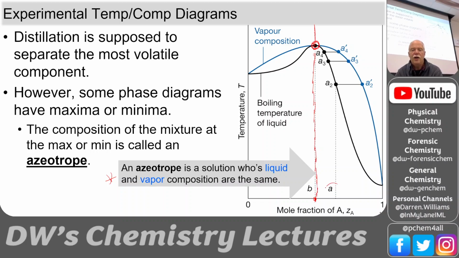So if I'm over here on this side, what's going to be collected? Pure A. That's the downhill piece. So when I boil this, this drops down here, bounces over, drops down here. So on a fractional distillation, this is a condensate here, and the pot moves uphill.